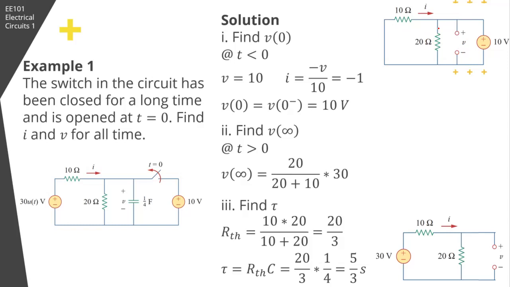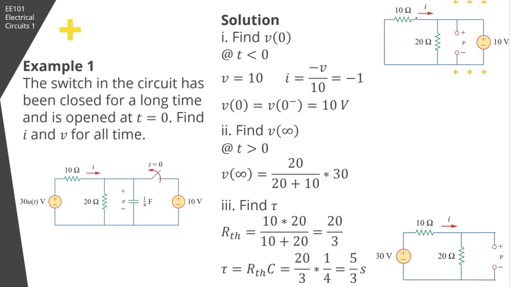So as you can see, the voltage across sa ato ang capacitor at time equal to 0 is just equal to kining atbang niya nga voltage source. That's 10 volts. And ang current nga gikan diri, i is equal to negative v over 10. I na to, it's equal to negative 1.